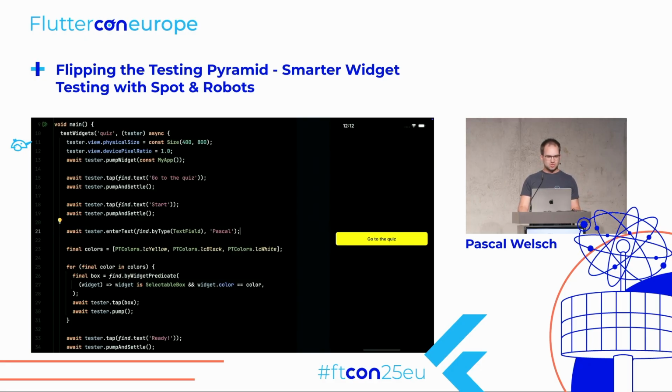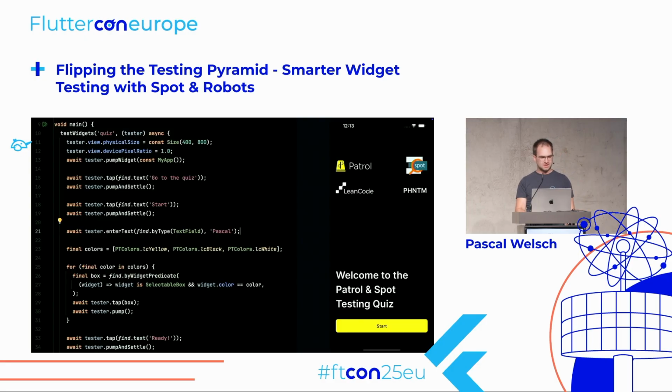The first thing I do is tap a button called the Go to Quiz button. We do that, and we have to call pumpAndSettle. We use pumpAndSettle because we need to pump frames. We need the next frame, and because the tap animation of the button takes a few milliseconds, we pump as long as there's work to do on the UI thread or there are scheduled frames.